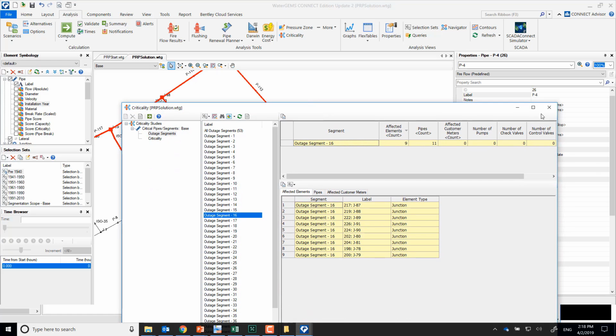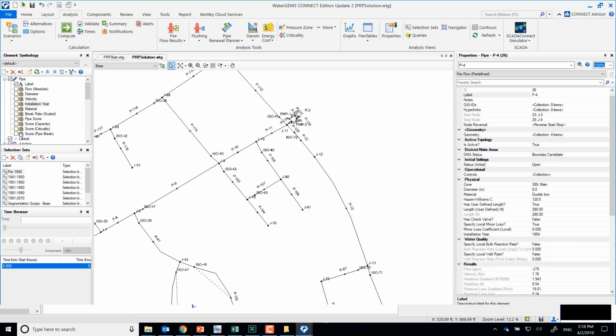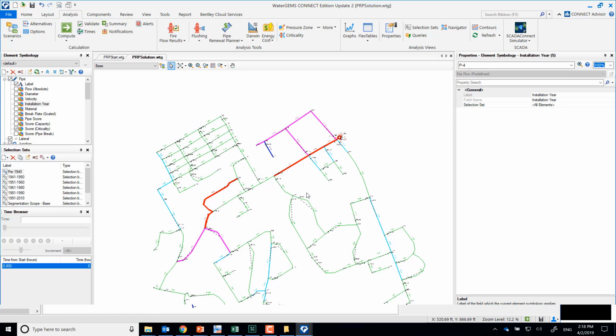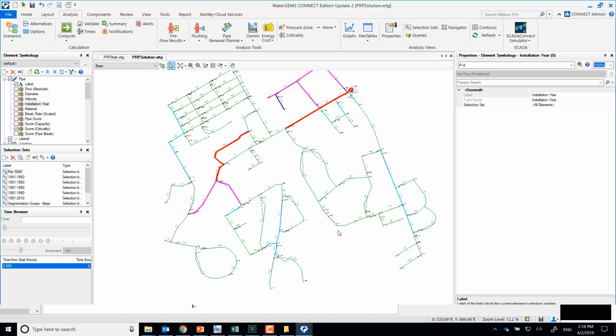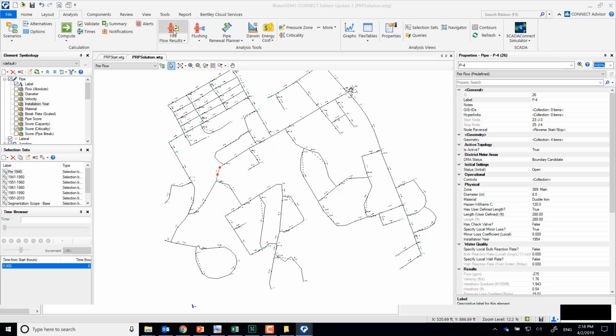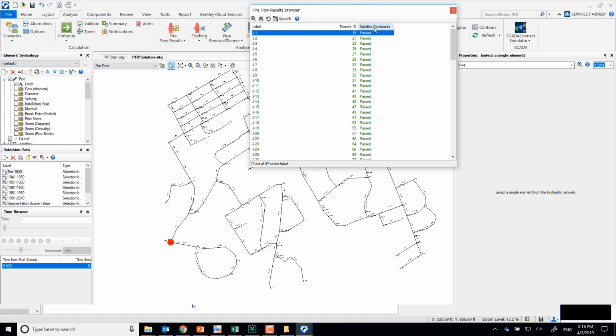Okay, so looking again at these results of criticality, these are our most critical pipes in red and purple, and the ones that are in green basically are not critical at all. Then the next thing we did was we looked at fire flow, and let's just run that scenario. If we go to the fire flow constraints, we notice that 27 out of 97 nodes failed.